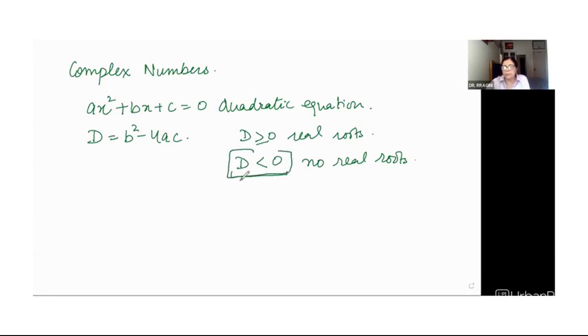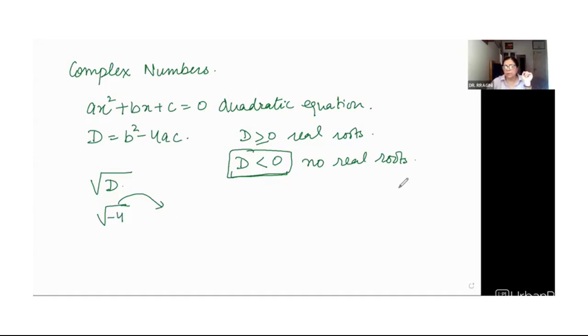And why did it happen? Because when we have to find the roots, we have to find square root of D. If we have a negative number in the square root, we could not calculate this value. Now this restriction gives us another system. That means when we have negative roots, what we can do?